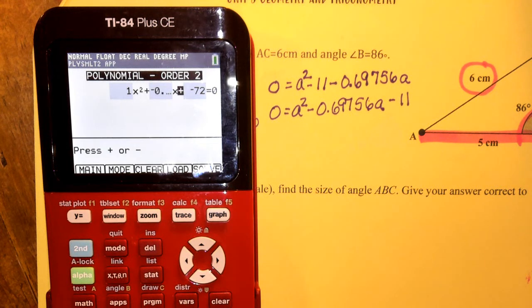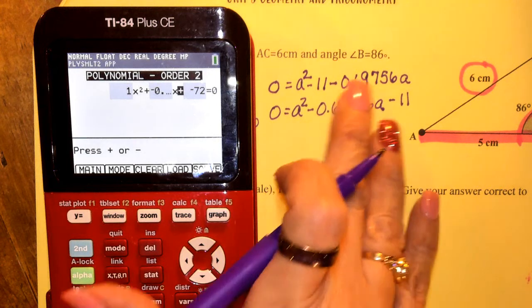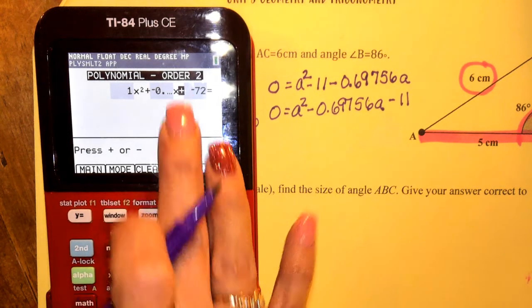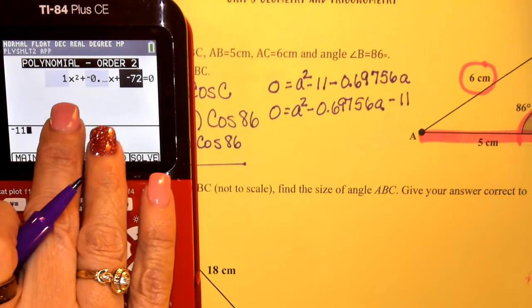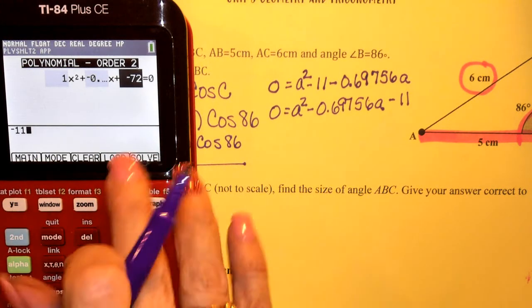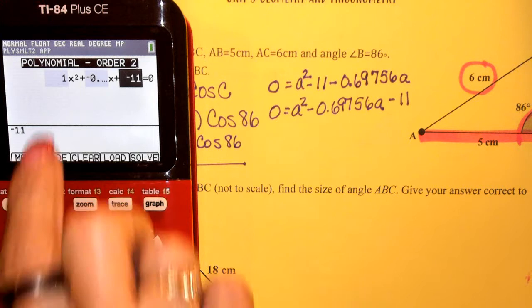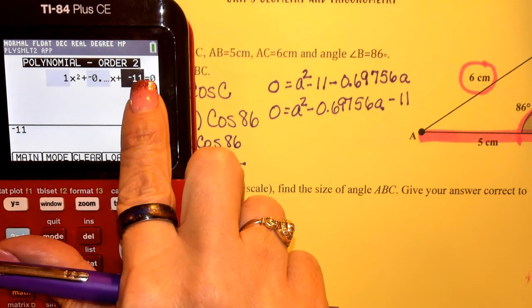Enter. And then on the end, I have a negative 11. I just always leave that a plus, and then I'll put in negative 11. You could put in minus 11 if you wanted. It doesn't matter to me. Okay, so now I need to hit enter because it still says 72 right there. I need to hit enter so that all my numbers are correct.